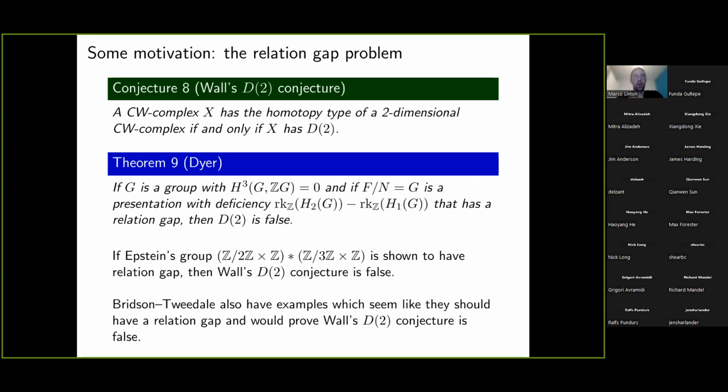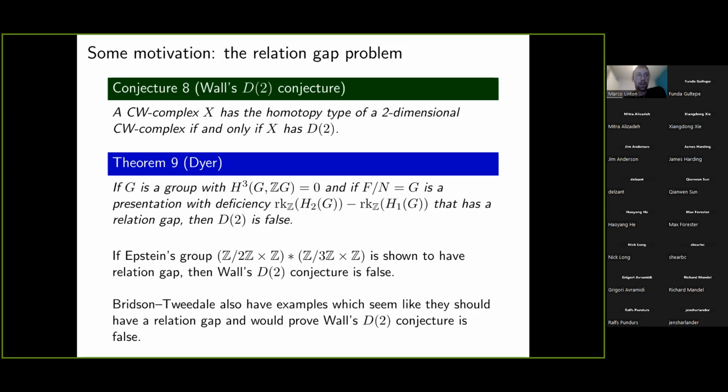And the conditions are, you have a group G and you need the third cohomology to vanish, and you need the presentation to realize some sort of deficiency. That's the difference between the rank of the second homology group and the first homology group, where by deficiency I mean the difference between the number of relators and the number of generators in your presentation. If that has a relation gap, then D2 is false.